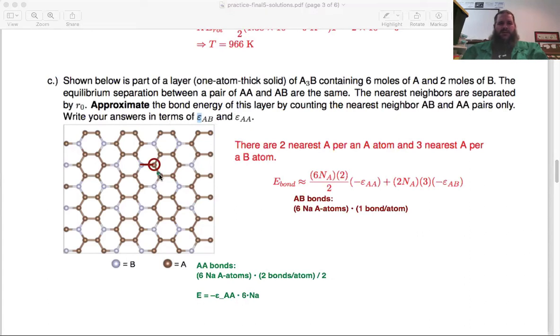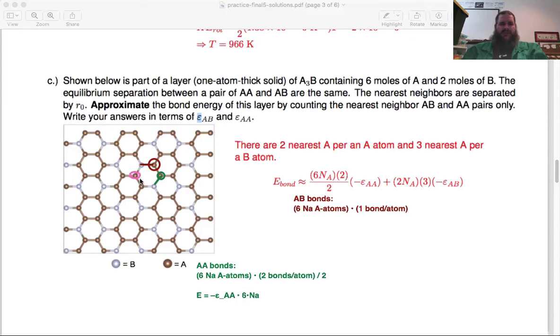Here's another nearby type A atom. How many AB bonds is that connected to? Yeah, also just 1. Note that we haven't double counted anything yet. Let's say we take a look at another nearby type A atom.